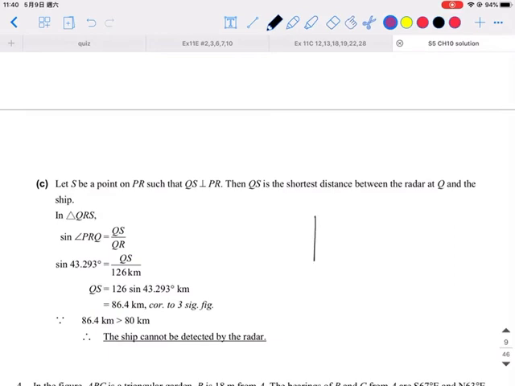In the previous part, we can find this is 126 of QR and S, and the angle is 43 point something to 93 degrees. So you can apply the sine function to find QS directly. And once you get the answer QS is 86.4, then you need to write it down is greater than 80 kilometers, so it cannot be detected.